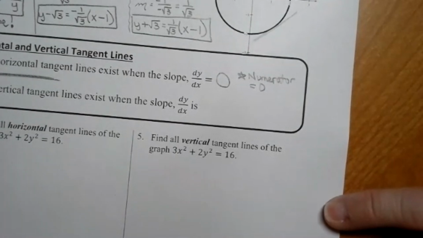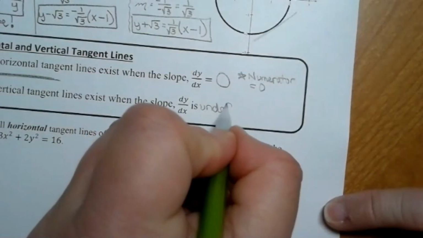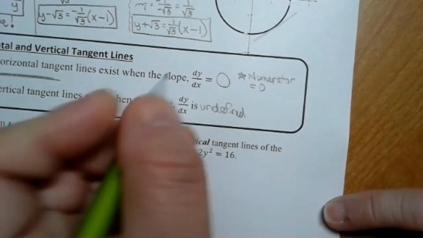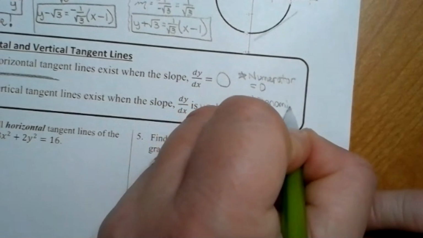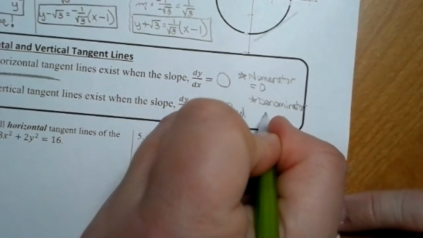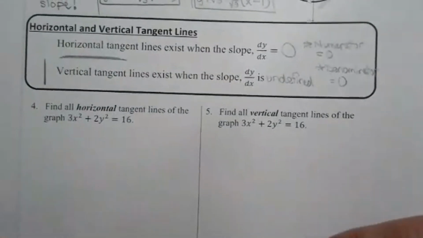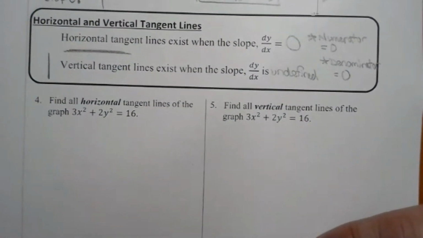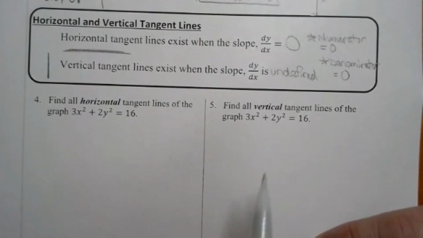A vertical tangent line is going to exist when your slope is undefined, which means your denominator is equal to 0. Okay? So here we're going to find all horizontal tangent lines of this equation, and then we're going to find all vertical tangent lines of the same equation.